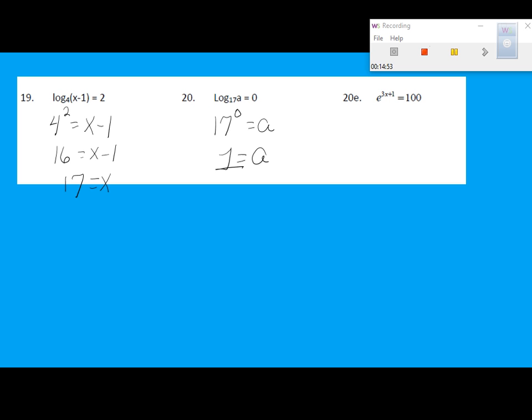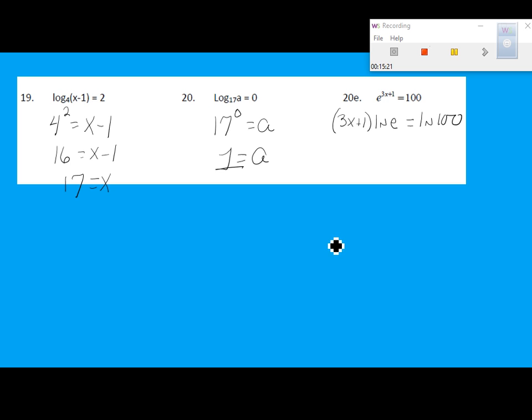Now I slipped number 20 in there because of the e. Whenever the e shows up, we don't think about the logarithm, but the natural logarithm. So to solve this one, I'm going to take the natural log of both sides, and I'm going to bring that exponent down. So I've got 3x plus 1 times the natural log of e equal the natural log of 100.